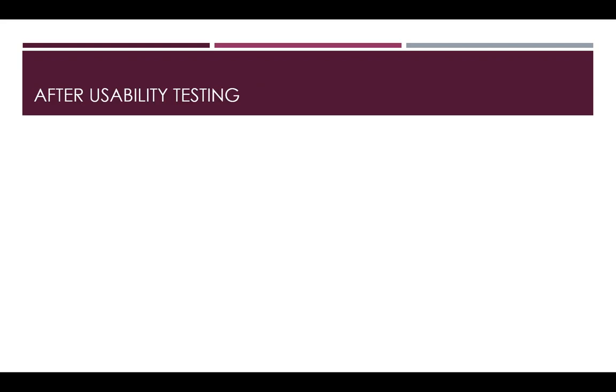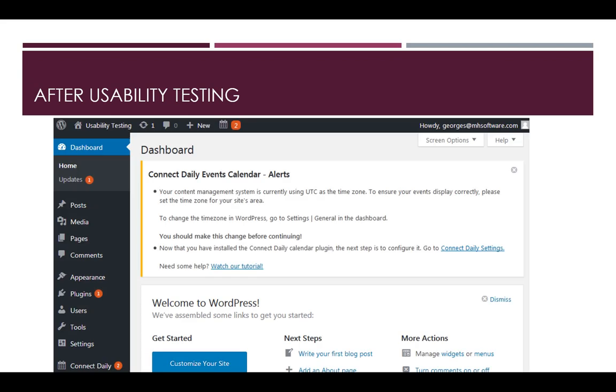So here's what we got after usability testing. After you install the plugin, there's now a calendar icon in the top menu bar with a message indicator similar to what WordPress uses, and also in the Connect Daily menu option along the dashboard sidebar, we have Connect Daily along with an indicator that there are some things going on.